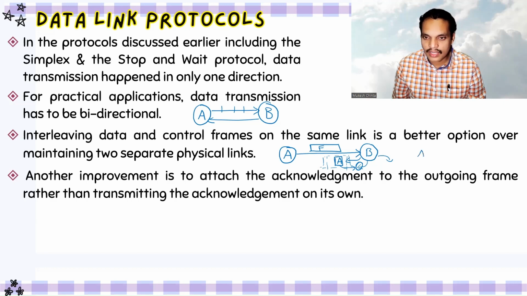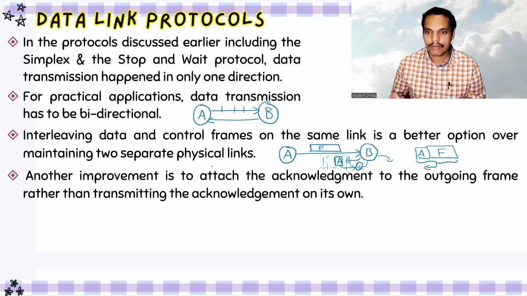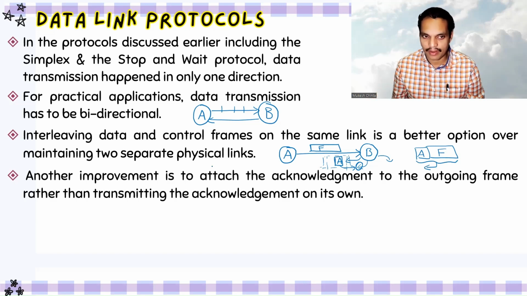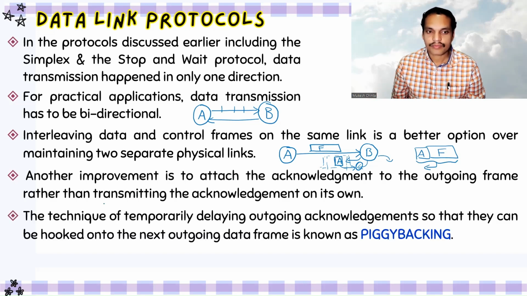So rather than sending the acknowledgement separately, I will add this acknowledgement to the next outgoing frame and then transmit it to my other peer. This technique of temporarily delaying the outgoing acknowledgements so that they can be hooked onto the next outgoing data frame is called piggybacking.